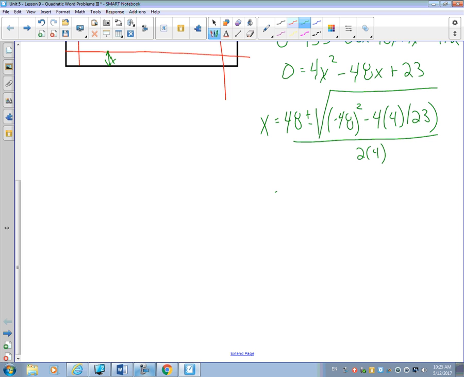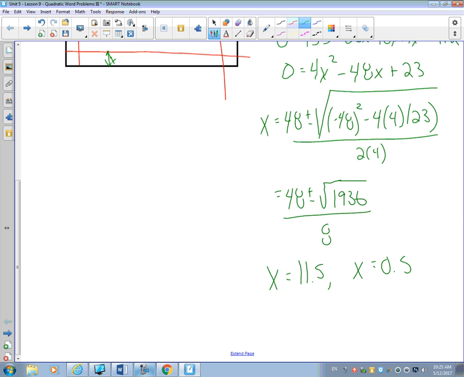Let's make sure we can actually calculate this. Find our discriminant. Under the square root, I got 1936, which is positive, so I can find it. Okay, 2 answers. I get 11.5, and I get 0.5.